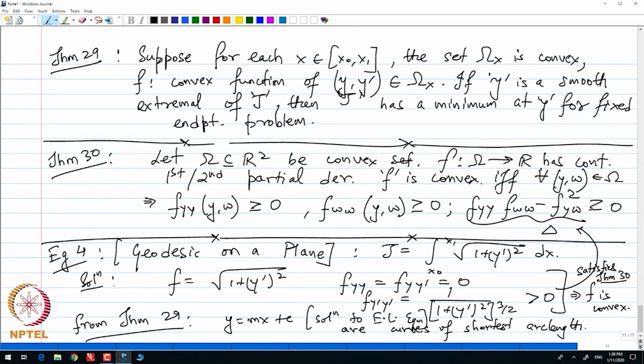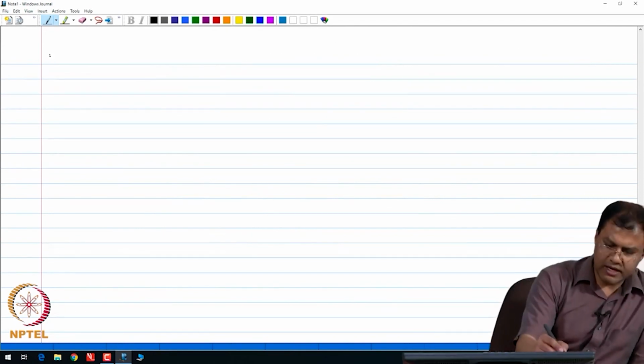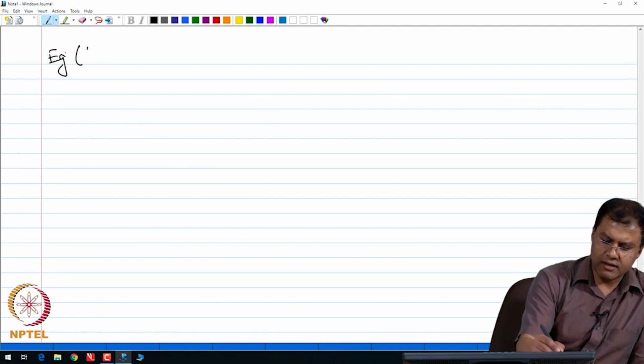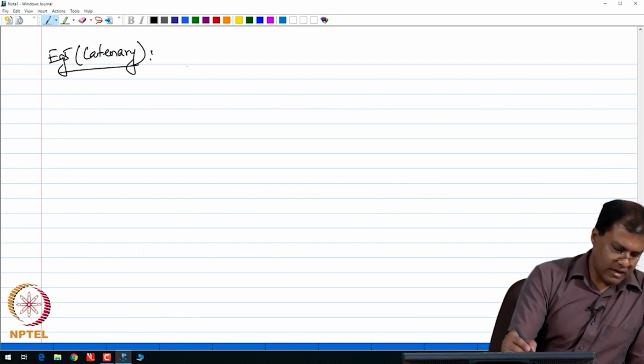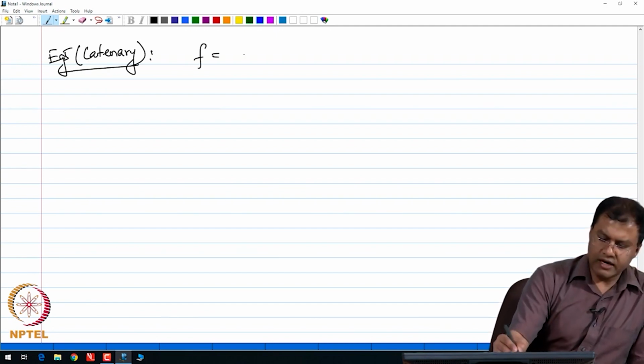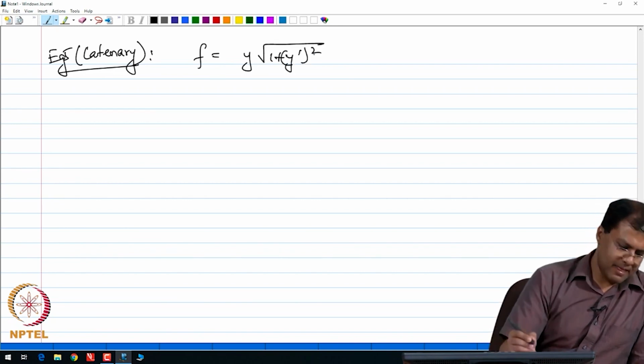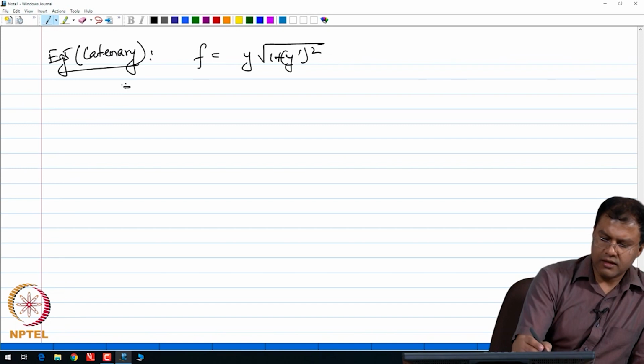Okay, let us look at one or two more examples. Another example that I have is that of the catenary. In this case my integrand is of the form y times square root of 1 plus y prime squared, and let me calculate the various derivatives.